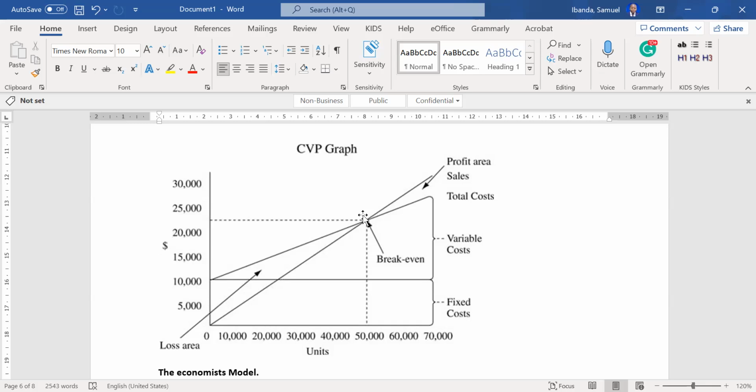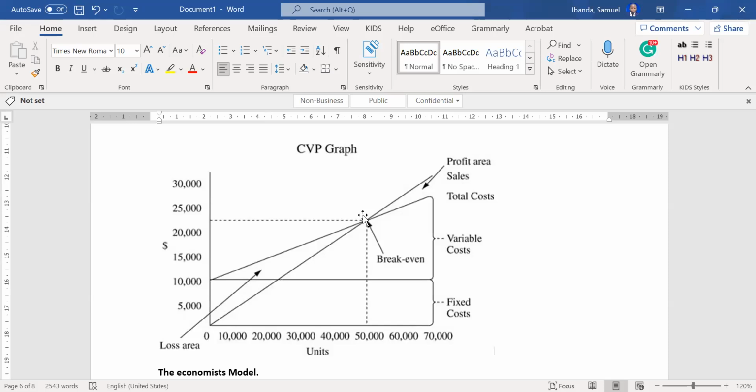If you opened a new business today, remember you'll incur costs despite not selling yet. And this cost could be the cost of rent. You've already made a payment for rent even before you start selling. So payment for rent is a fixed cost. But as you sell, you have some variable costs that will start coming up. And this variable cost will be based on the units that you're going to sell. Are we together? This could be the cost of the materials you're going to use in production and so on.